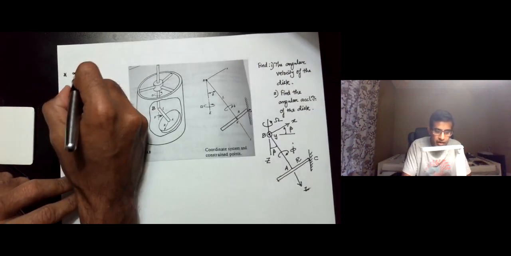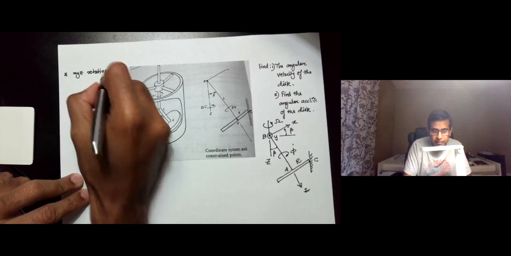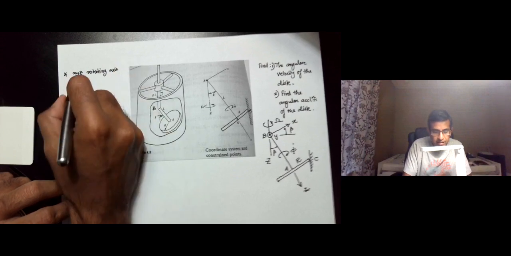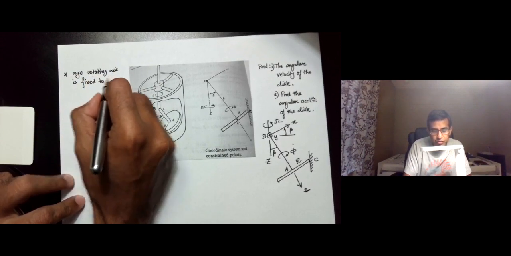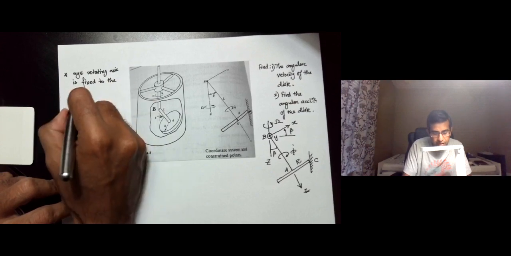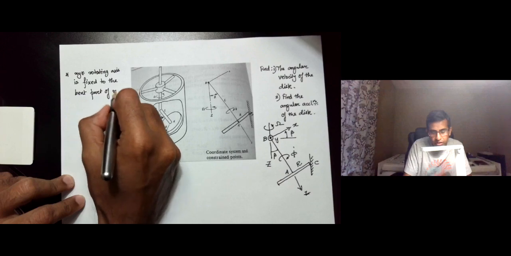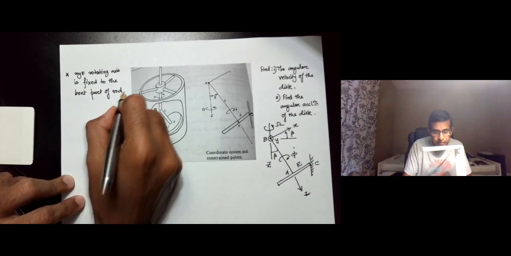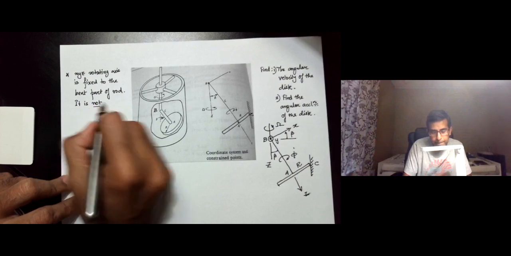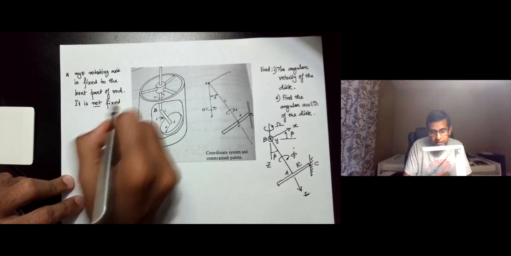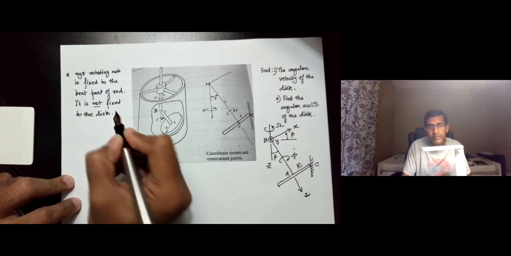So the XYZ rotating axis is fixed to the bent part of the rod, and it is not fixed to the disk.